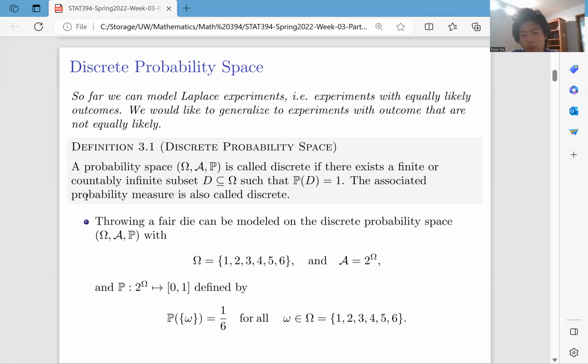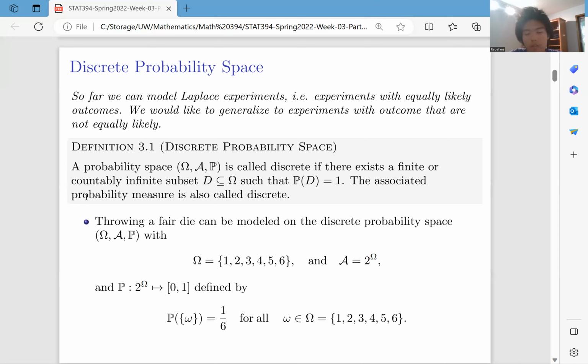But one important notice here is that D, or the sample space, must be finite or countably infinite, which means we can use natural numbers, rational numbers, or integers to represent it, but we cannot use real numbers, the whole real axis, to represent a discrete probability space, because the real numbers are uncountably infinite.